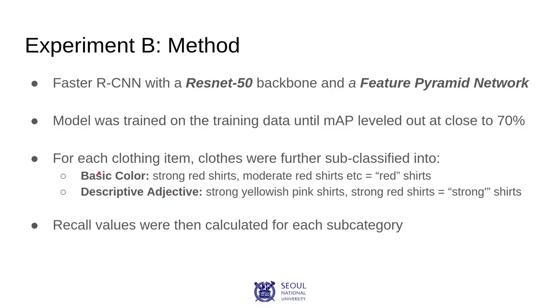The first is basic color, where strong red shirts and moderate red shirts were all just classified as red shirts. Then we have another sub-labeling for descriptive adjectives, where strong yellowish pink shirts and strong red shirts were all classified as just strong shirts. And then we calculated recall scores for each of these subcategories that we created for each clothing object.